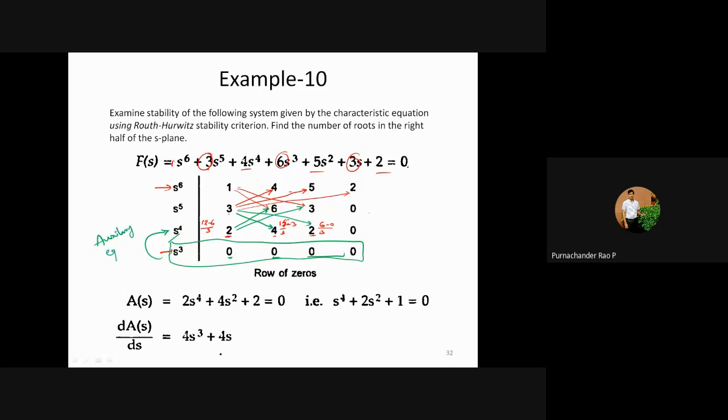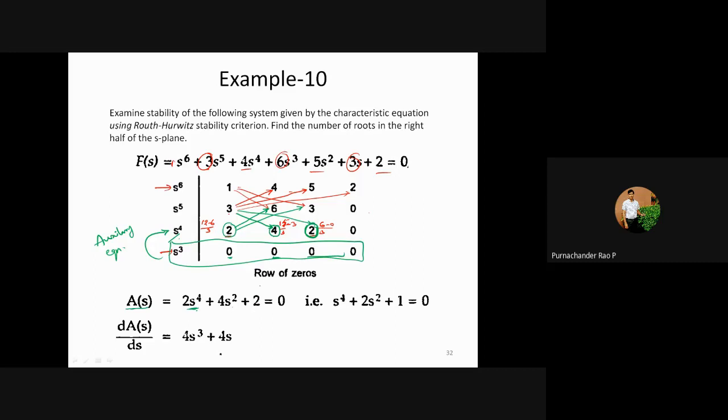This is considered as the auxiliary equation, and we take it as A of s. A of s is equal to 2 s power 4, then 4 s square, because we are leaving one term, so it is s square, not s cube, plus 2 s power 0.